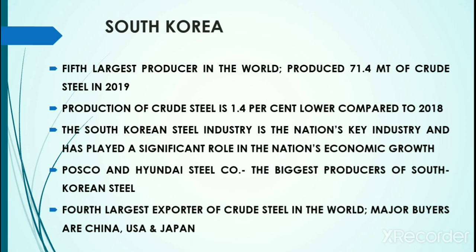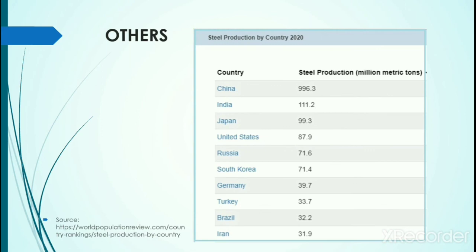The South Korean steel industry is the nation's key industry and has played a significant role in the economic growth of the country. POSCO and Hyundai Steel Co. are the biggest producers of South Korean steel. The country is the fourth largest exporter of crude steel in the world, and the major buyers are China, USA, and Japan.